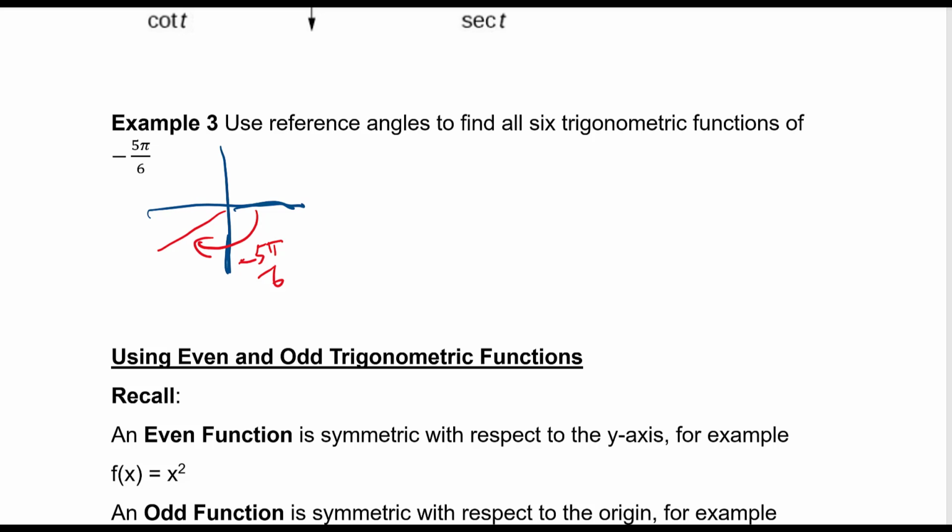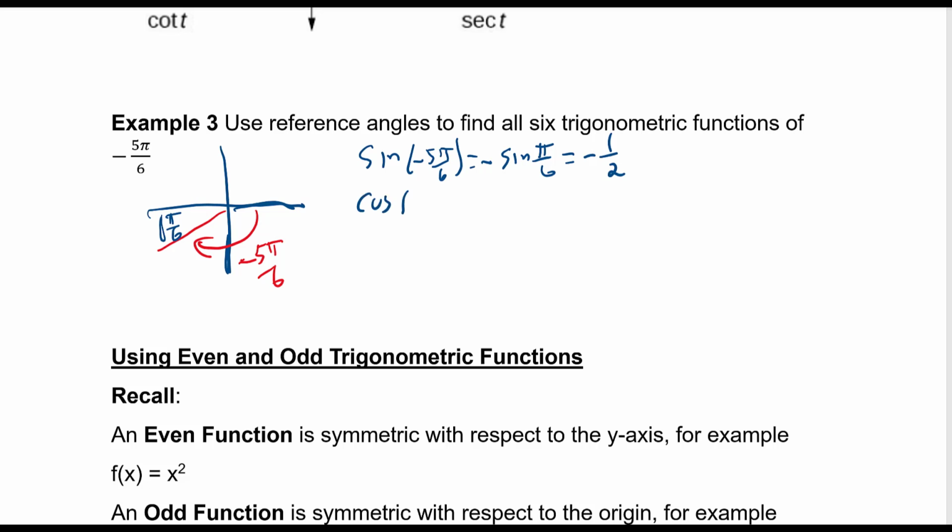What's left for this part is going to be pi over 6. So sine of negative 5 pi over 6 is going to be equal to the negative of sine of pi over 6, because that's in the third quadrant where sine is negative, and that's going to be negative 1/2.